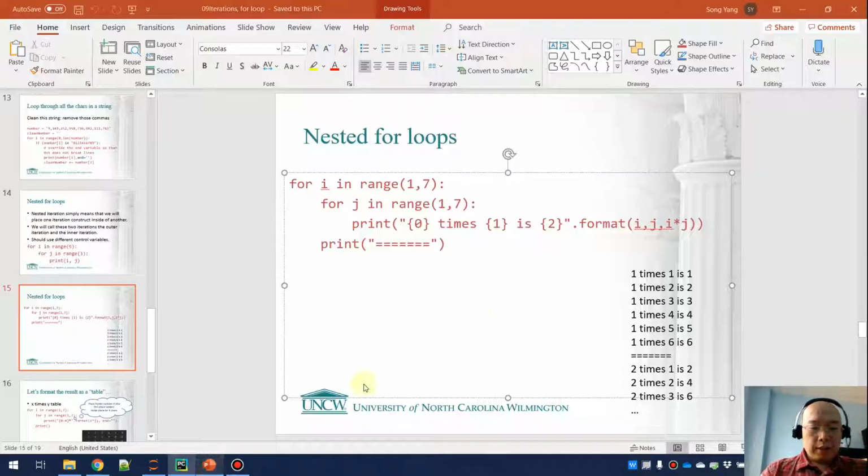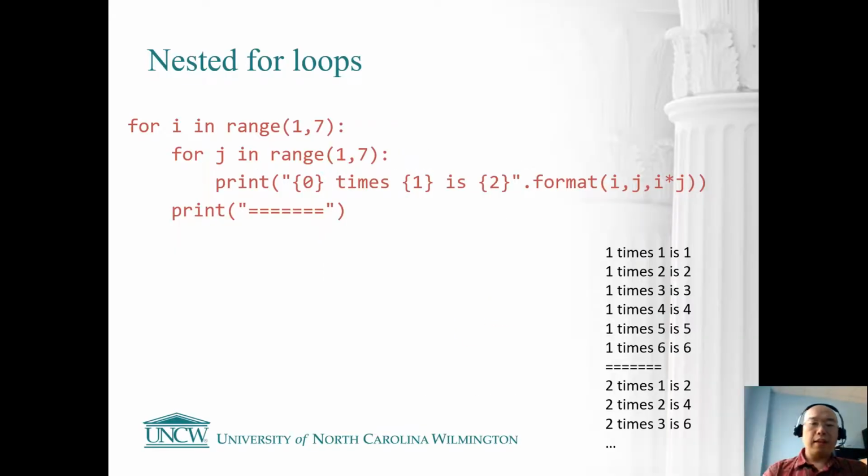If we see this one, it's kind of similar. We are using i to visit all the numbers from 1 to 7, and j visits all the numbers from 1 to 7 too. Inside, we do a print of 0 times 1 is 2, with 3 placeholders, and I'm plugging in i, j, and the product of i multiplied by j.